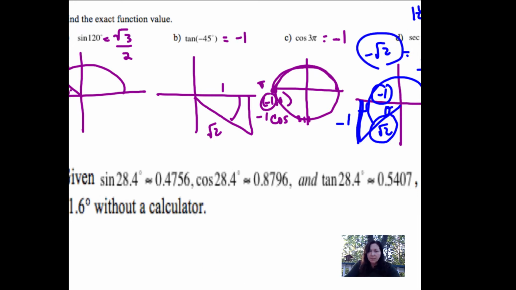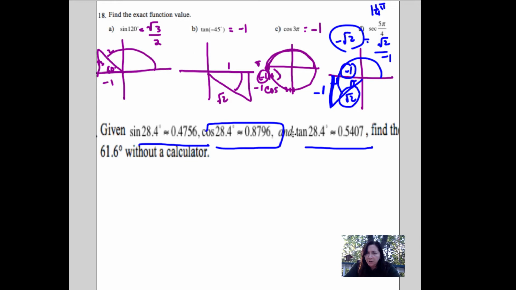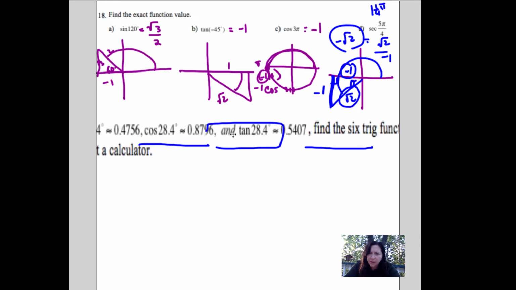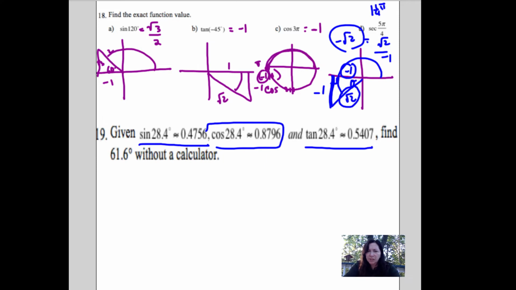This one right here says, given sine is this, cosine is this, and tangent is this. They want you to find all, or I'm not sure what they want you to find. Let me move this over. Find the 6 trig functions of 61.6 degrees.